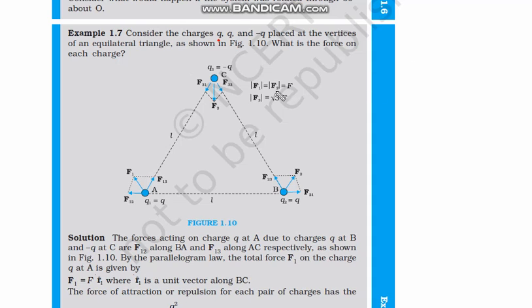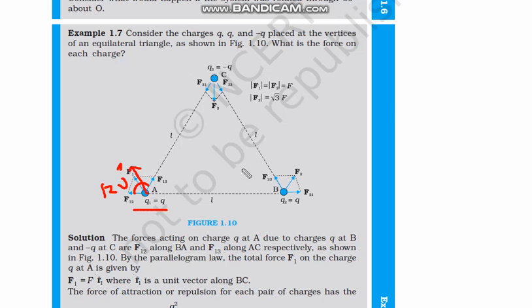So again, I am repeating once more for you. This force on this charge q1 is the net force F1. How will we calculate F12? Both the charges are q and q, the distance between them is L, and the angle between them is 120 degree.